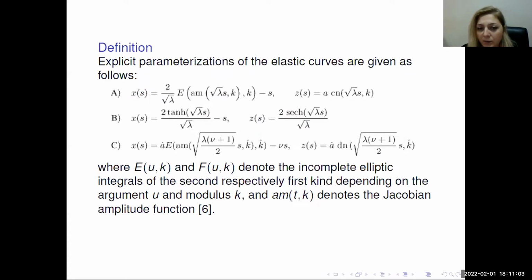Explicit parameterizations of the elastic curves are given as follows in A, B, and C. Here, E and F denote the incomplete elliptic integrals of the second and first kinds, depending on the argument u and modulus k. And am denotes the Jacobi amplitude function.